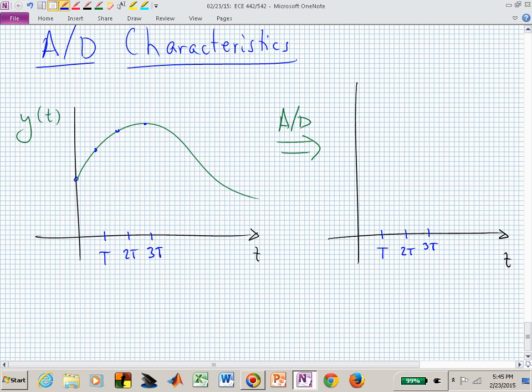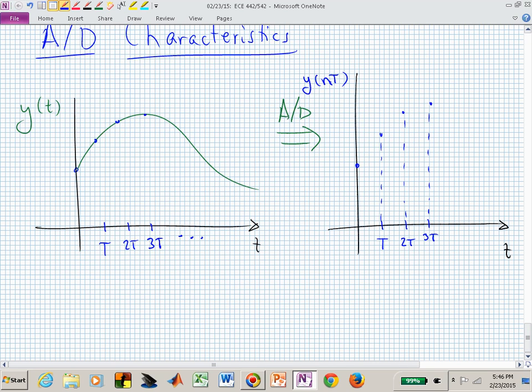This just goes on, but I'm only going to illustrate maybe 4 of those points. It will just generate a sequence of numbers consistent with what we had just sampled. This is now y of n, capital T.